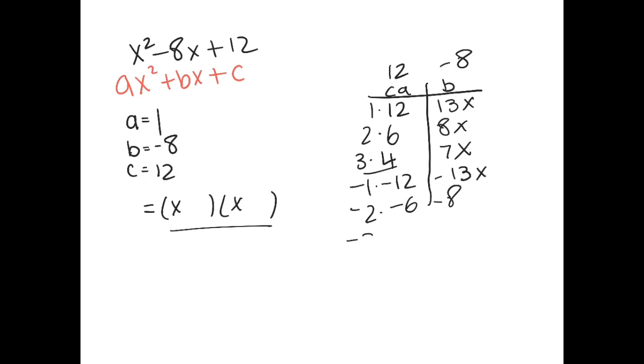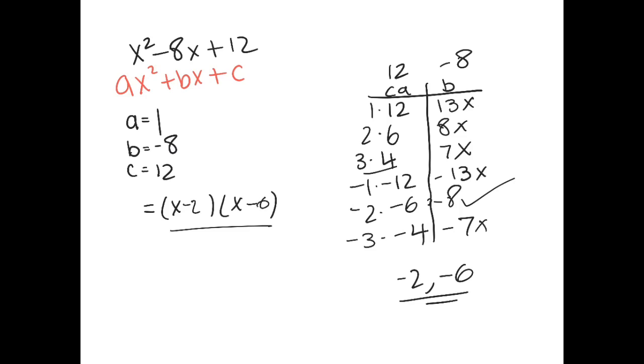And we've got -3 times -4. That equals -7. And we know that our answer is going to be -8. So the only two correct numbers will be -2 and -6. So now we simply plug it into this final equation. So we've got x minus 2 times x minus 6.